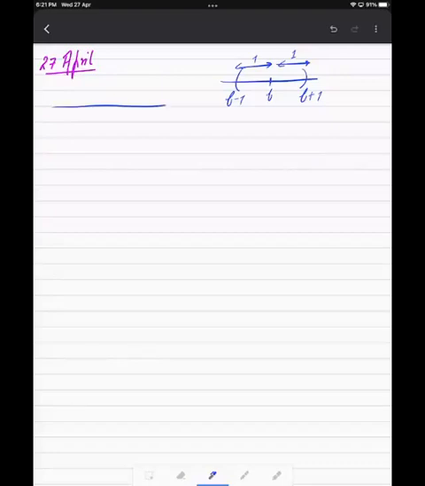Let's start with 0 to 1. This is my 0.5 and this is my 1. Of course, there are infinite irrationals.